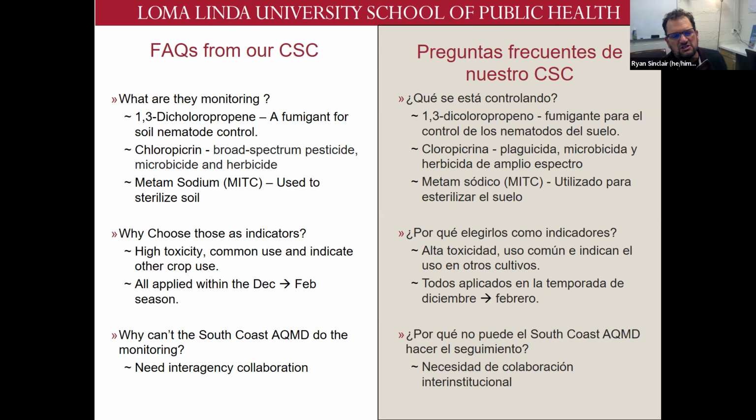They chose these 3 chemicals to monitor: 1,3-D, chloropicrin, and MITC. Those are the ones they suggested, and we said, as a CSC, sure, because I'm not a pesticide specialist. I'm actually a microbiologist, so I was learning a lot in this process.